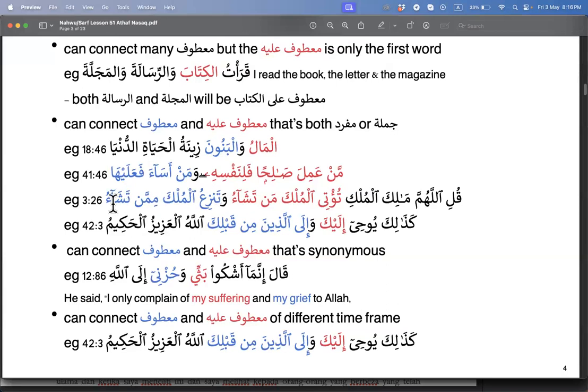So this is maktuf to this. So we can have jumlah ismiyah, and we can have jumlah fi'liyah. Here we have ilaika, and then wa ilal ladzina min qablik. So here we have shibu jumlah, jar wa majrur. So we can have jar wa majrur and another jar wa majrur, maktuf, basically.